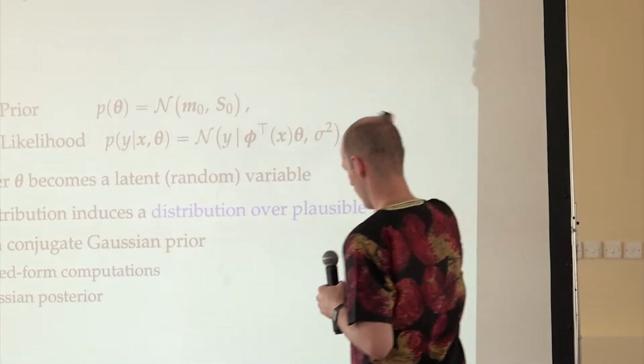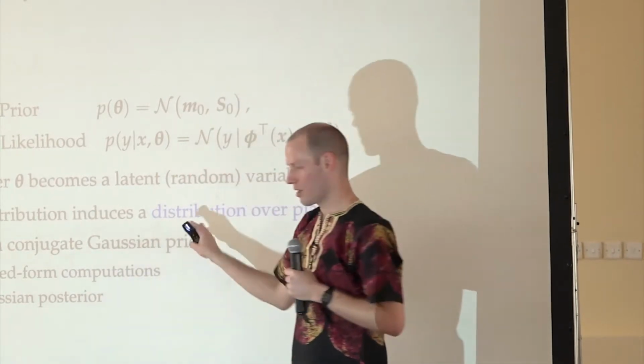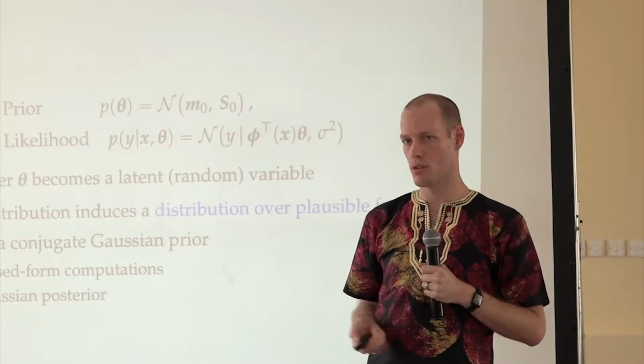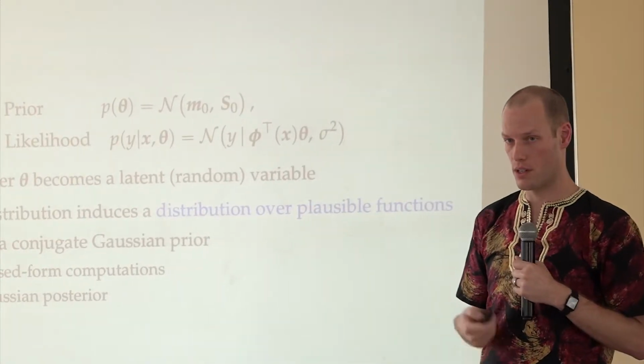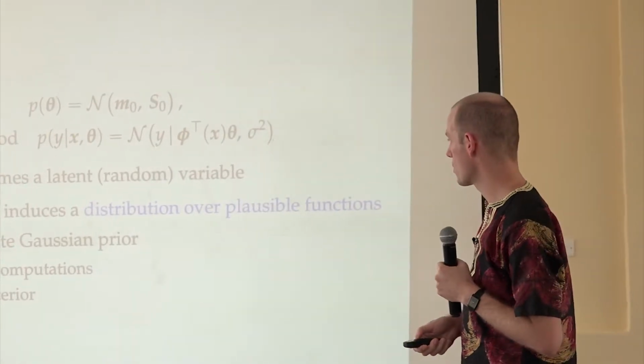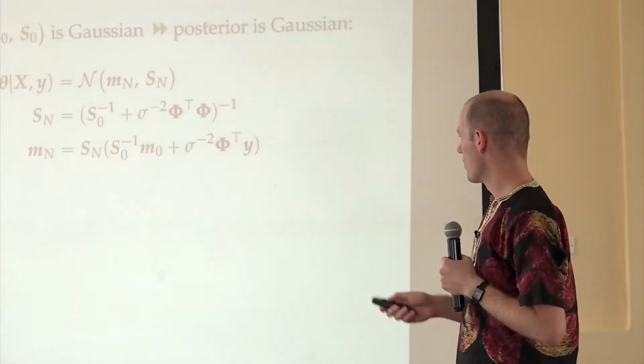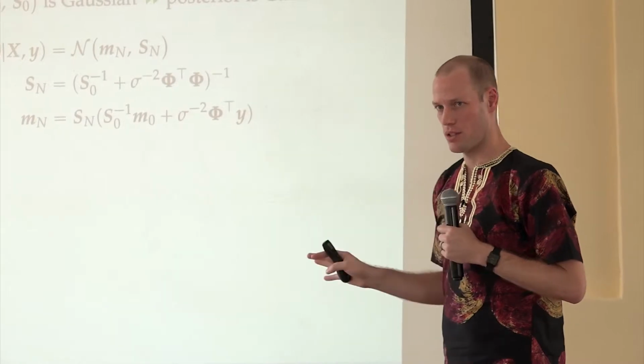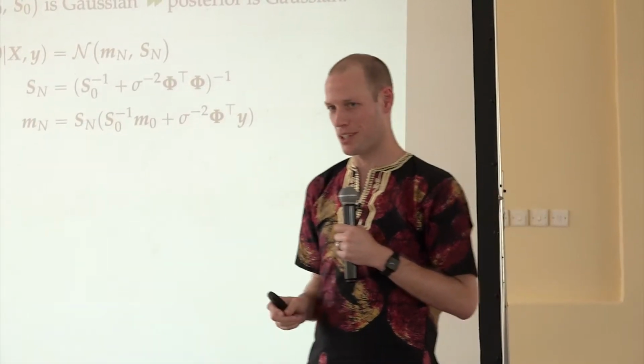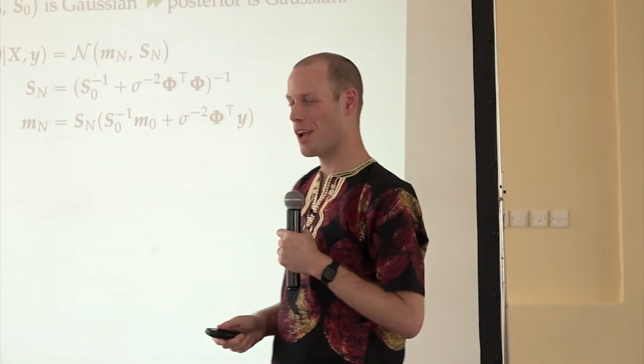So we said that the prior needs to be conjugate to the likelihood, which allows us to do closed form computations. Now I'm just going to put this on the slide. We're not going to derive this. I'm going to blame Ulrich again because he did this on Sunday.